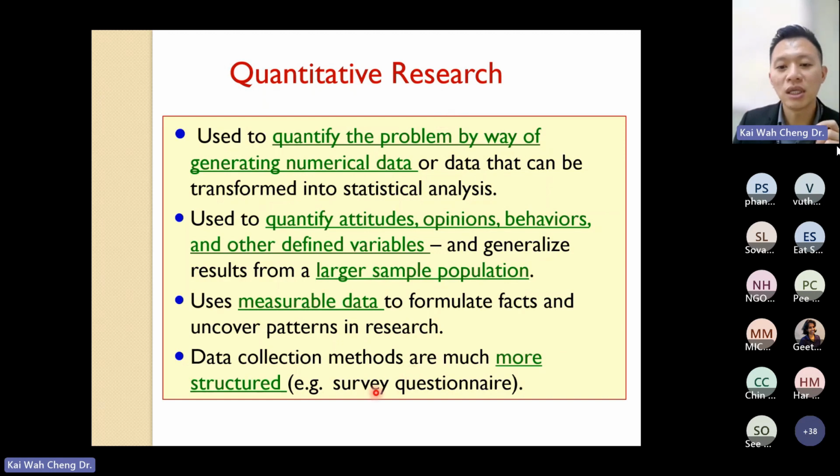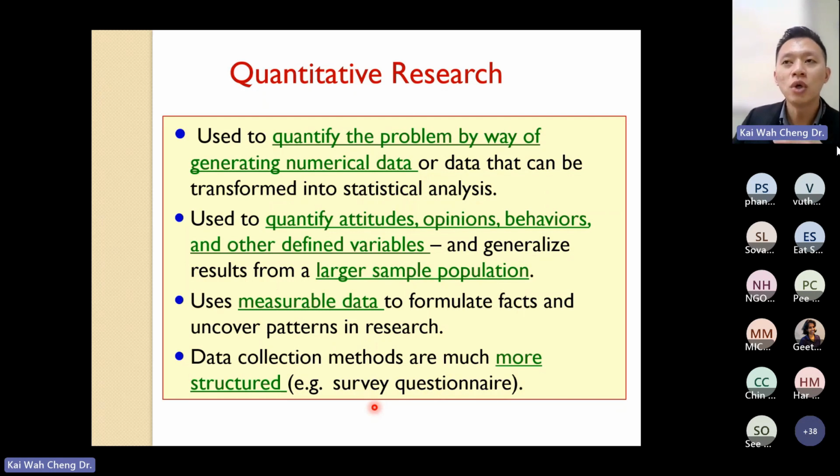So this is the example for us to conduct the quantitative research. We will use a survey questionnaire, either a printed, paper-based version, or you conduct the research fully online.